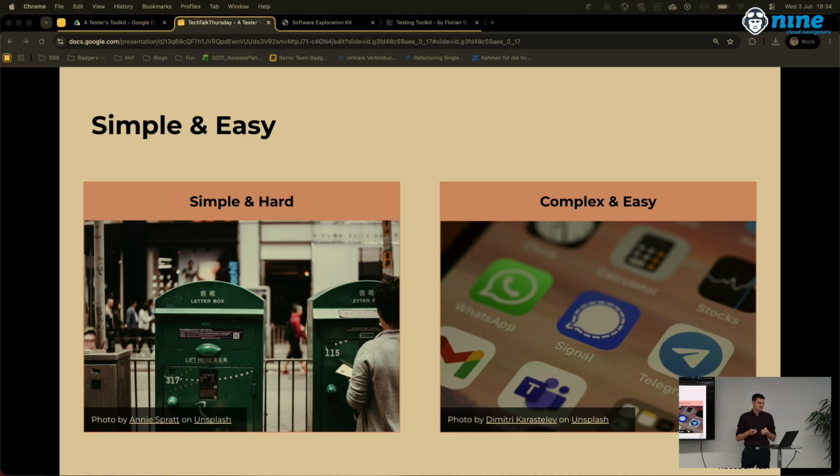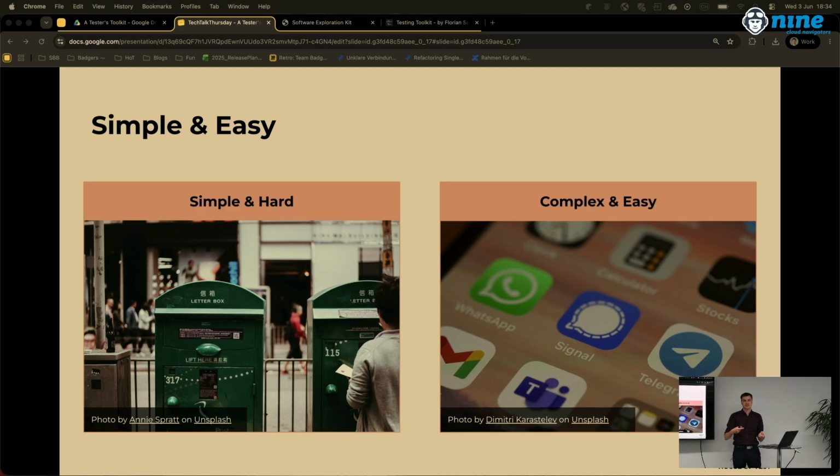For example, you write a letter to a person. Before we had instant messaging, you would take a pen and a sheet of paper, write something on it, put it in an envelope, and bring it to the letterbox, and someone would bring it to the person who is supposed to receive it.